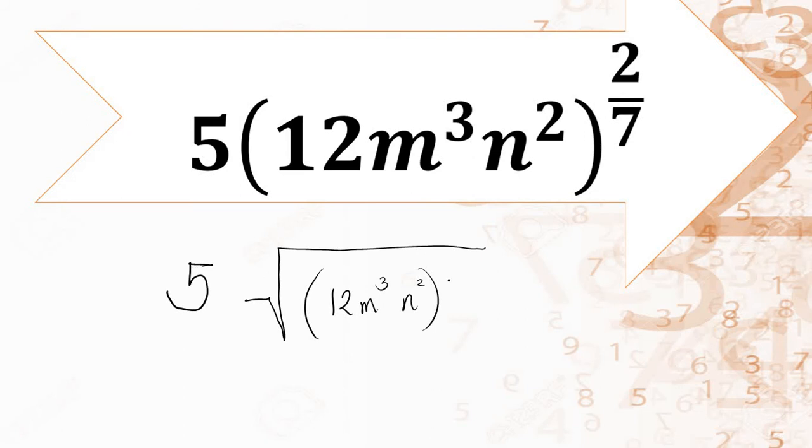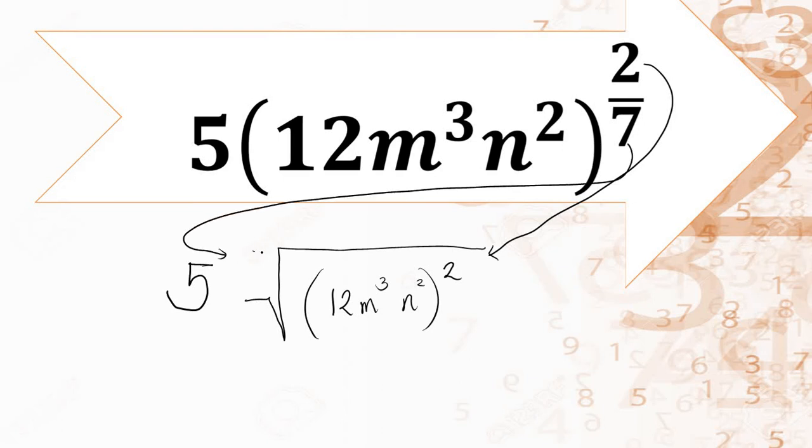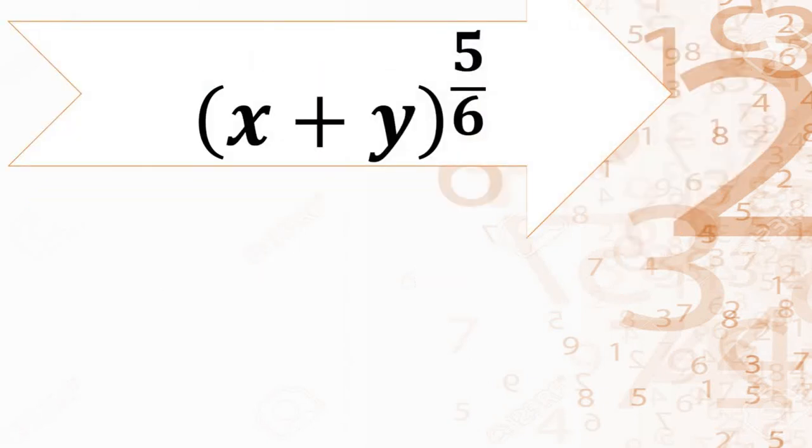Now, what is the exponent of our radicand and what is the index? The one on top is the exponent of your radicand, while the one on the bottom is the index. So written out, this is 5 times the 7th root of the quantity 12m cubed n squared raised to the second power.